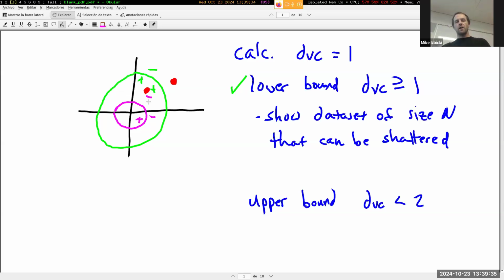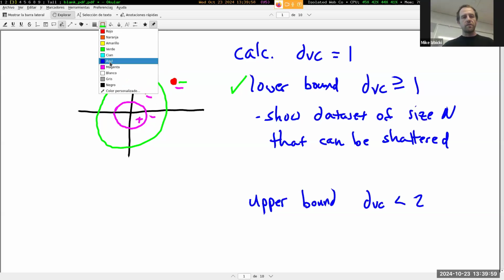So first of all, if we use this magenta hypothesis right here, we already talked about we're getting a negative on this point, and we're also getting a negative on this point. If we go back to the green hypothesis, now we're getting a positive on this close point, and a negative on this point right here. So that's 2 different labelings: positive, negative, and negative, negative.